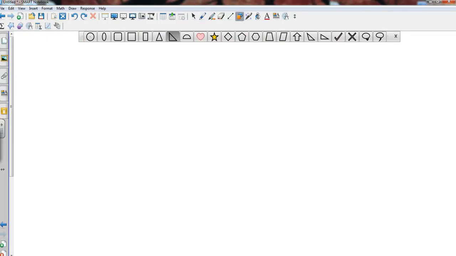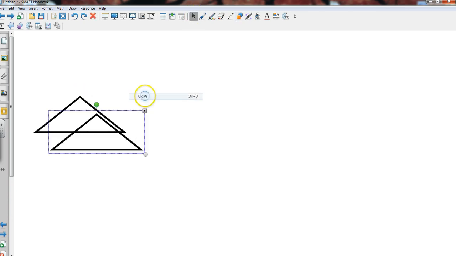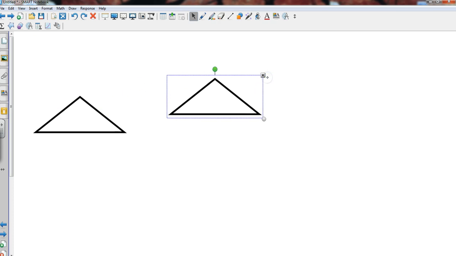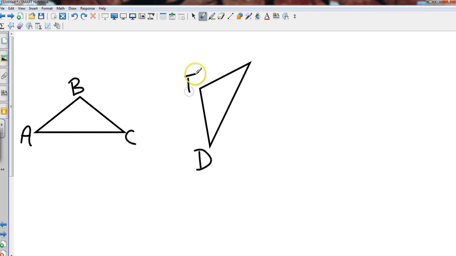Now, as much as you would like to say these are congruent, because I'm going to clone them anyways, again, we have to go from the facts. Okay, so let's say I have angles A, B, C, and D, E, F again.